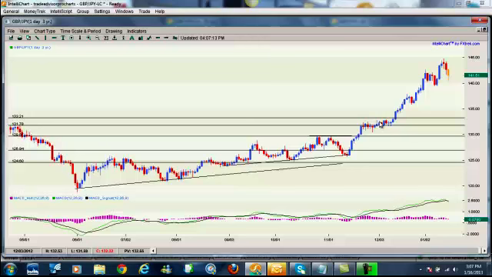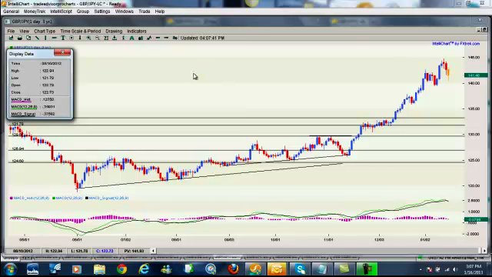Let's see, 126. No, not 1,000, sorry about that. 136 would be 100. Let's see here. Several hundred pips. I mean, this thing has just rock and rolled like crazy.